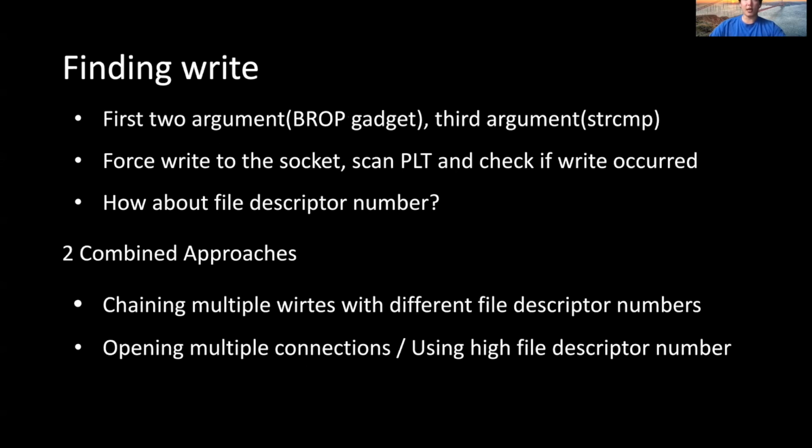The first is chaining multiple writes with different file descriptor numbers, and the second is opening multiple connections and using high file descriptor numbers. A combination of the two will be used since Linux has a minimum of 1024 simultaneously open file descriptors, and POSIX requires a new descriptor to use the lowest number.